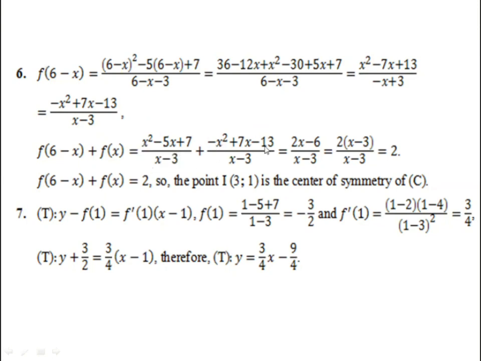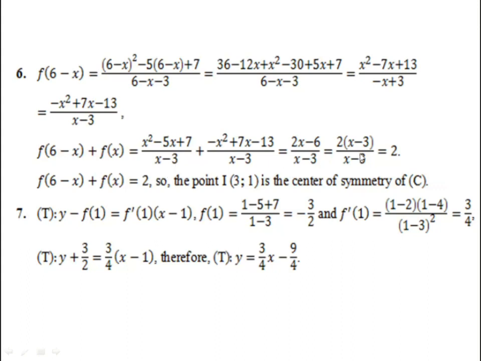So this expression plus this expression, and then we will have 2x - 6 over x - 3. Taking 2 common, we get the following form. Then we can cancel out x - 3 and x - 3, which is equal to 2 times 1 equals 2b. We get f(2a - x) plus f(x) equals 2b.